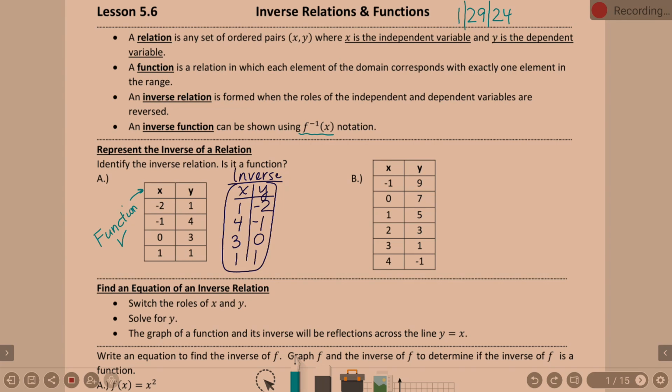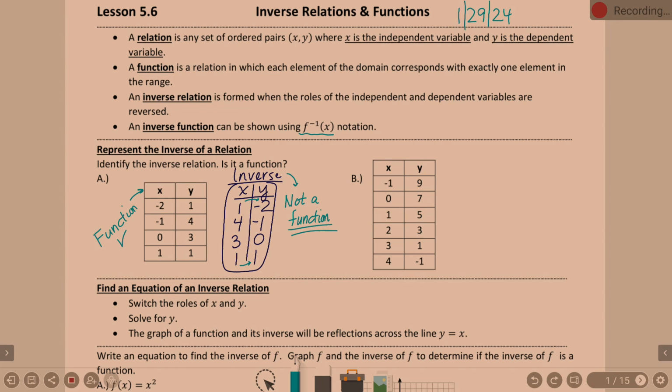Why are you saying no, Patrick? Okay, the x's repeat. What do we have happening here? 1 pairs with -2, but 1 also pairs with 1, doesn't it? Okay, so that means that my inverse is not a function.